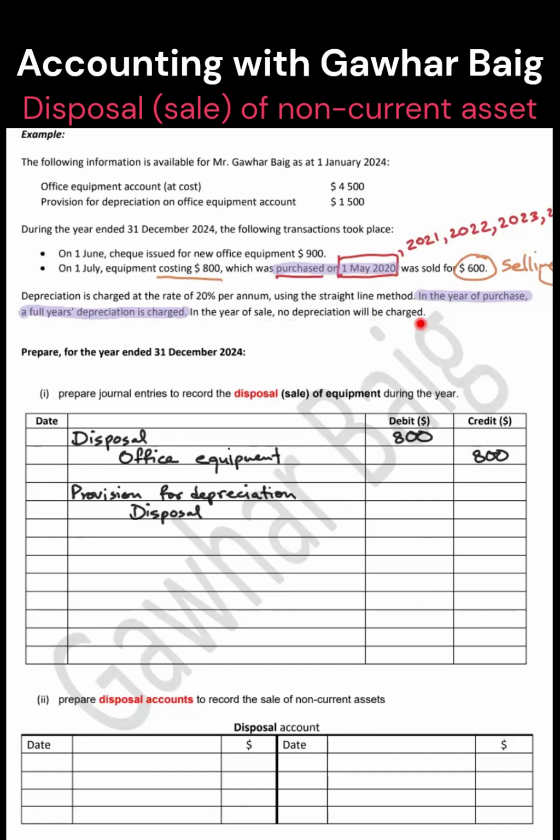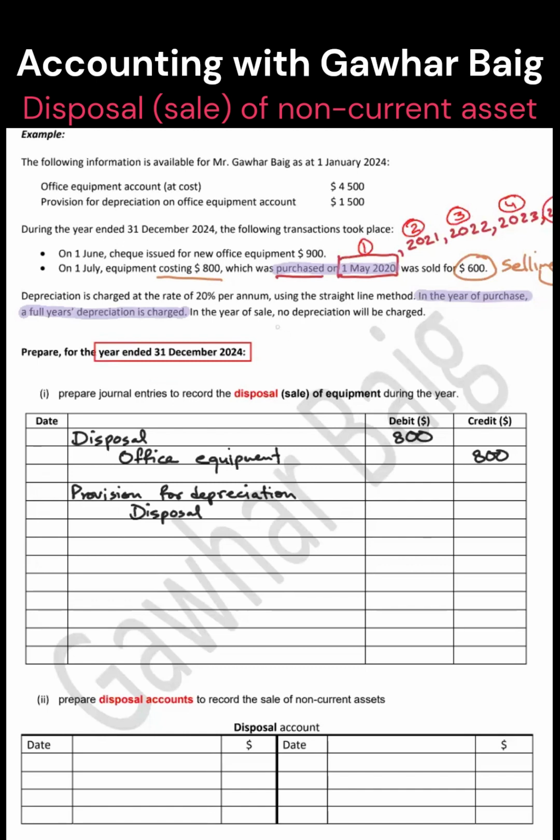The current year is the year ended 2024, so we will not consider the depreciation for 2024. So what we are left with is 1 year, and then the second year, then the third year, and the fourth year. So technically, we have used the asset for 4 years.